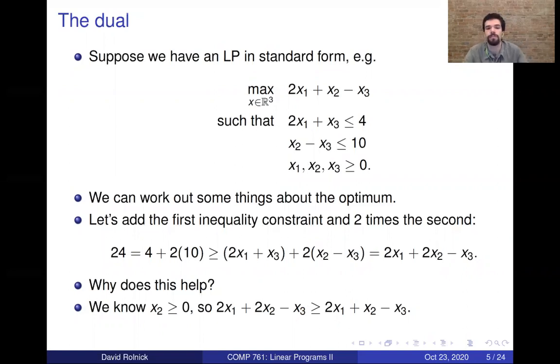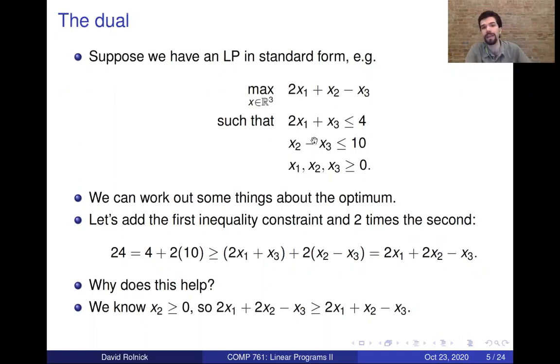Questions? Why twice the second one? So I agree. We don't know how to get this magic thing, but if we could get it, then this would help us. If we could combine these constraints in some way such that we ended up with something that had greater coefficients than this.